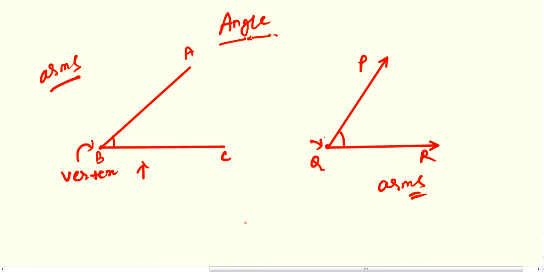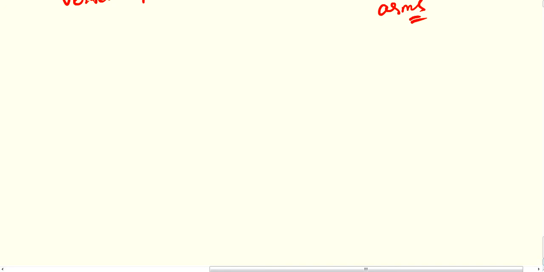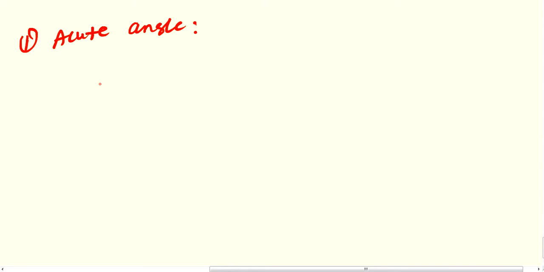Then next is measurement of an angle. How to measure an angle? You know very well how to measure an angle, and I am discussing the types of angles with you. The first one is acute angle. In acute angle, the measure is more than 0 degree and less than 90 degree.